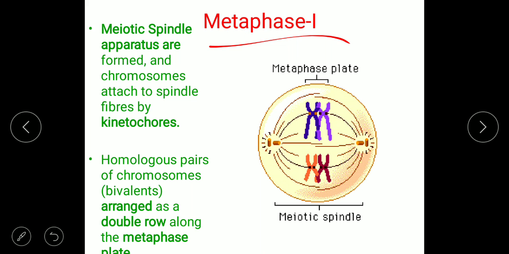Here you can see the meiotic spindle, or the spindle fibers, which are formed from the centrioles, which are placed at opposite poles, and spindle fibers remain attached with the kinetochores of each chromosome, and the homologous pairs of chromosomes arrange at a double row. This is one pair and this is another homologous pair.